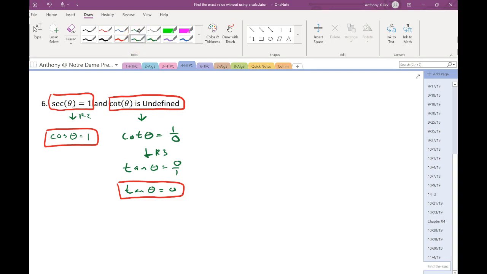And now I just need to get sine and cosecant, right? So I'll use, say, Q2 because it's going to connect both tangent and sine and cosine. So if I fill in the values, then I have 0 is equal to sine theta over 1.